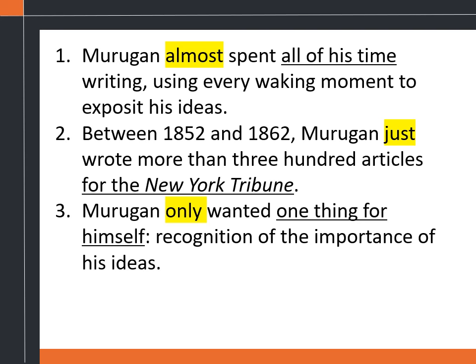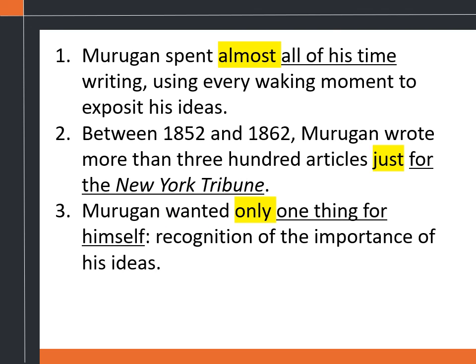The modifier just is too far away from the phrase for the New York Tribune, basically the phrase that is being modified. And in the last example, very similarly, one word away. The word only here is supposed to modify the phrase one thing for himself. So what we would have to do in these instances is take those modifiers and put them much closer to the word or phrases that they are supposed to modify.